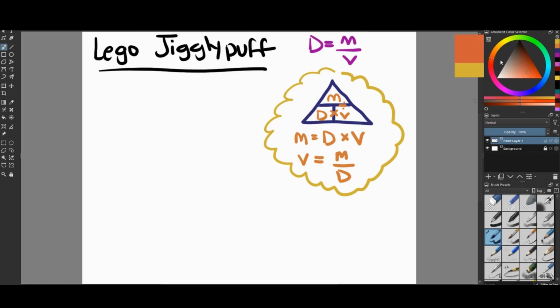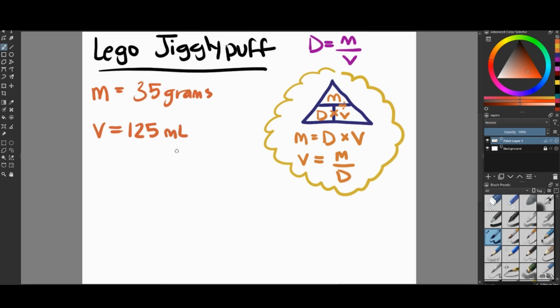Let's say that we took a mass measurement of our Jigglypuff and we got 35 grams. So we have the mass of 35 grams. Let's say that we also took a volume reading and we got 125 milliliters.